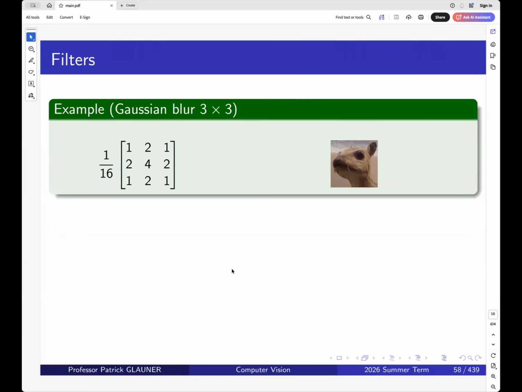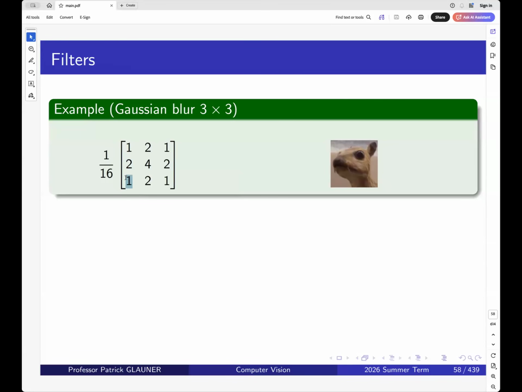Something that is quite popular is a so-called Gaussian blur. So like a Gaussian function where you have the maximum in the center, and then the further you go away from the mean, it has its maximum in the mean, and around the mean, you just get closer and closer to zero. So we would say this is a 4. The immediate pixels to north, east, south, west get factor 2, so they are less important than the center.